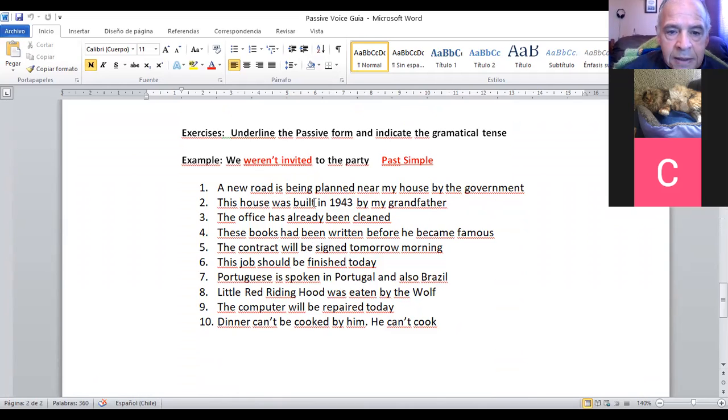This is the structure, past simple. Has already been cleaned, present perfect. Had been written, past perfect. Will be signed, future. Should be finished, modal. Is spoken, present. Was eaten, past. Will be repaired, future. And can be cooked, modal. Okay, so that was what we saw yesterday.